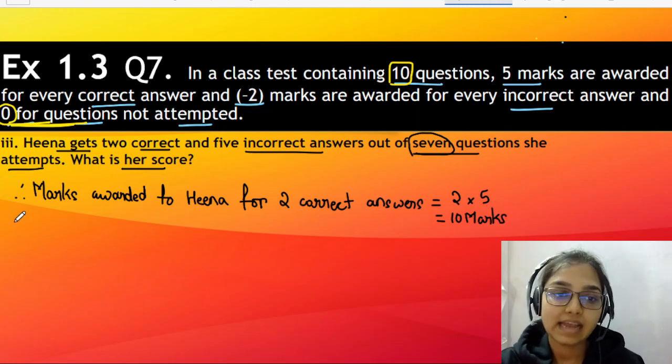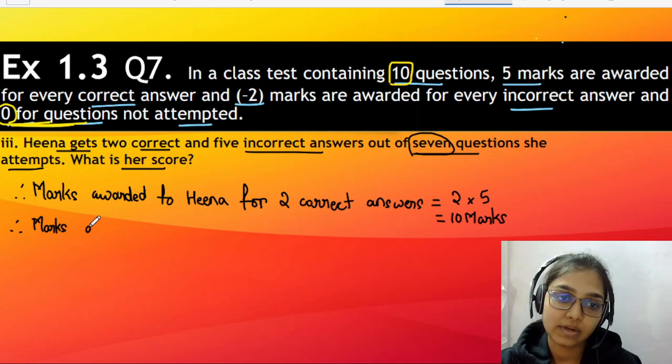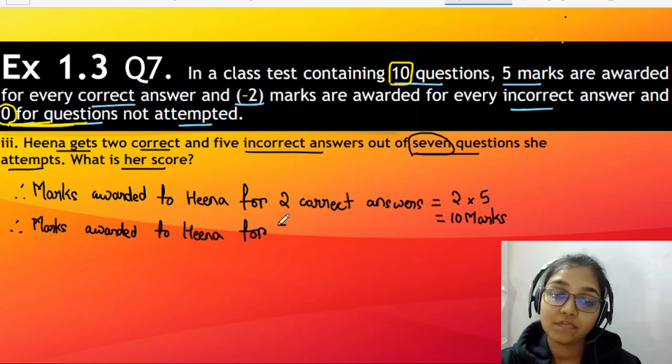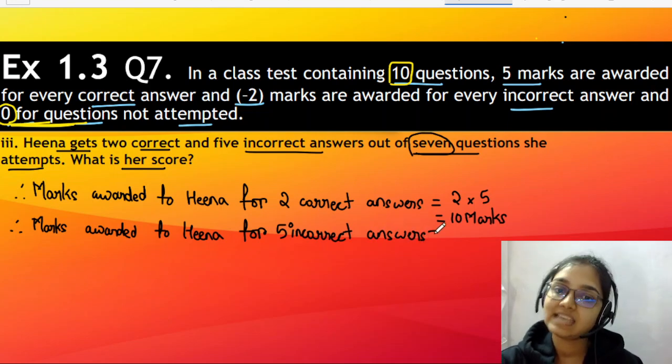And in similar manner, marks awarded to Hina for 5 incorrect answers. 5 incorrect answers would be same unitary method.